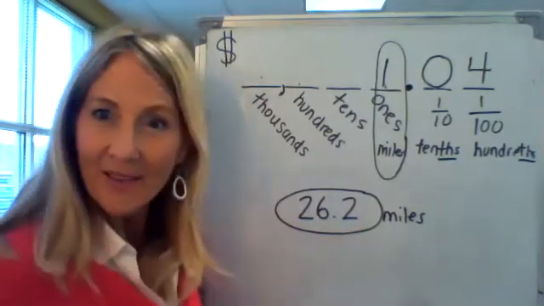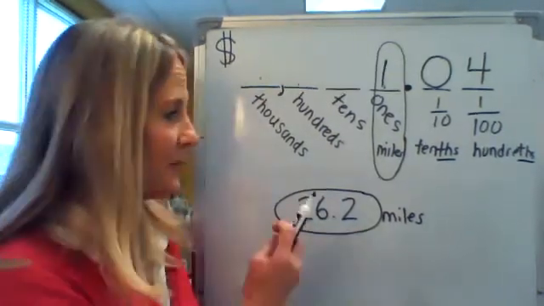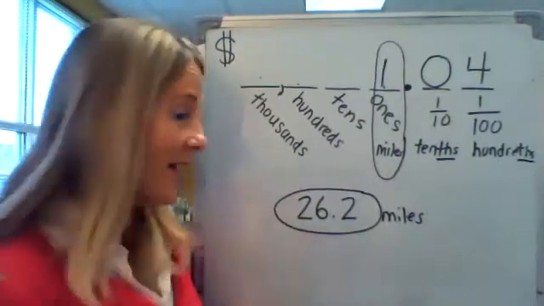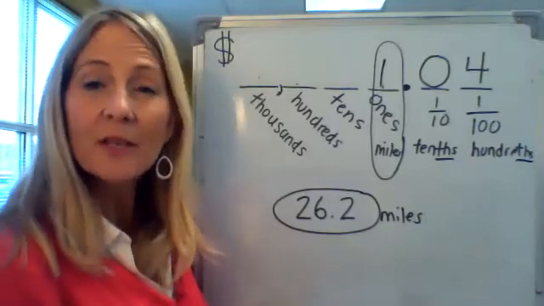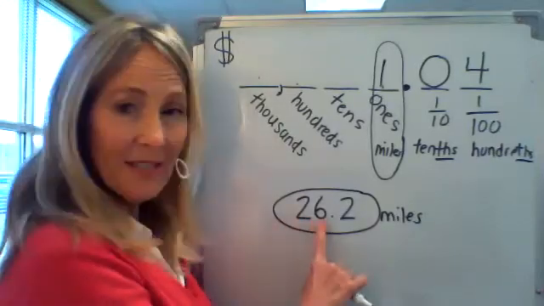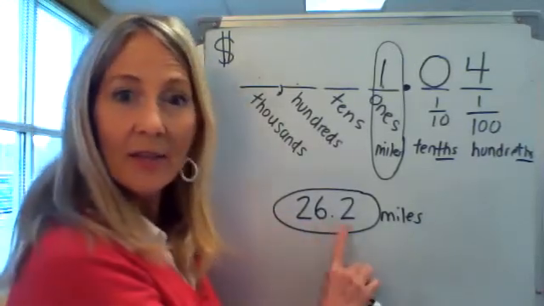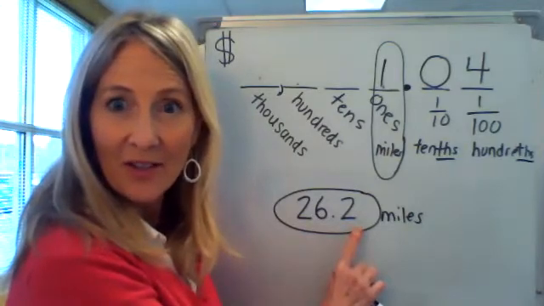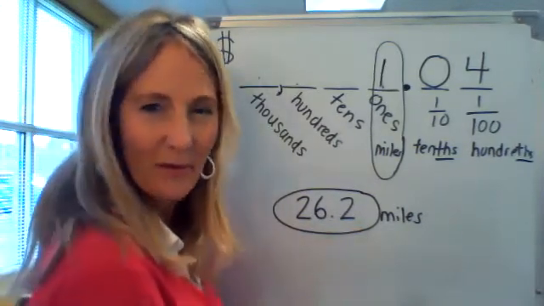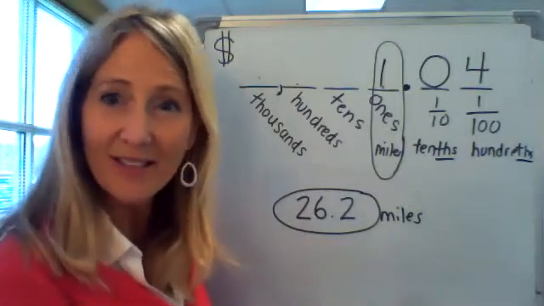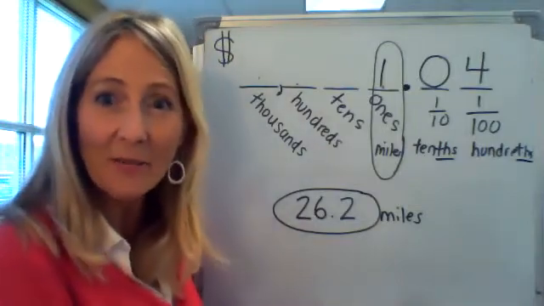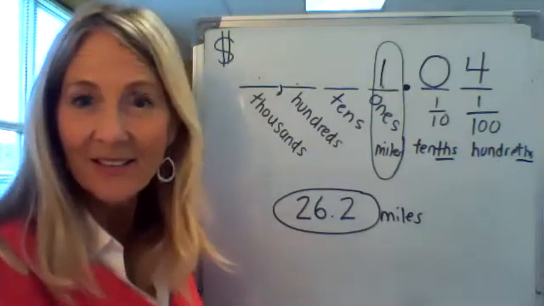Does anyone know what that means? Well, these people are trying to tell you that they or someone in the car or someone in their family has run a marathon, because a marathon is 26 whole miles and then 2/10 of an additional mile. Isn't that an odd amount for a race? Can you imagine having run 26 miles and then you have to run another 2/10 of a mile to get to the finish line?